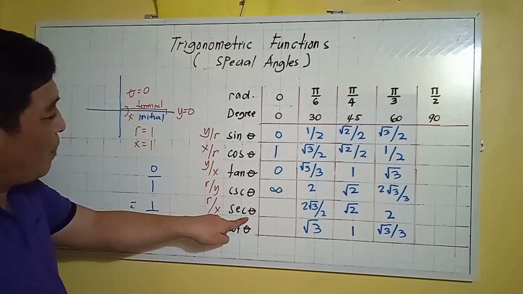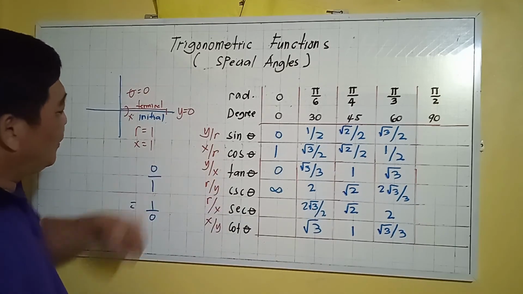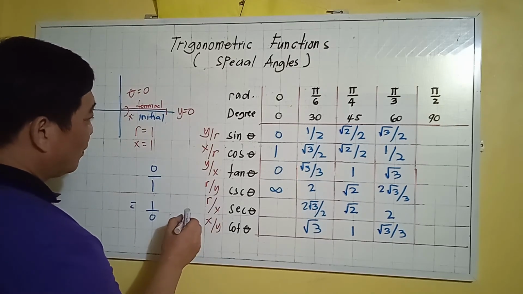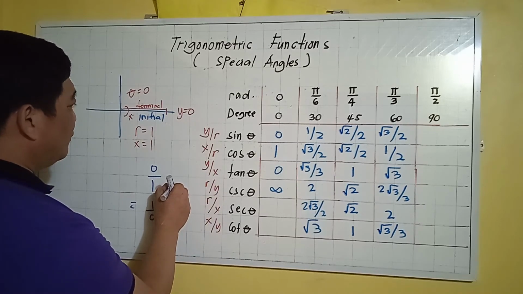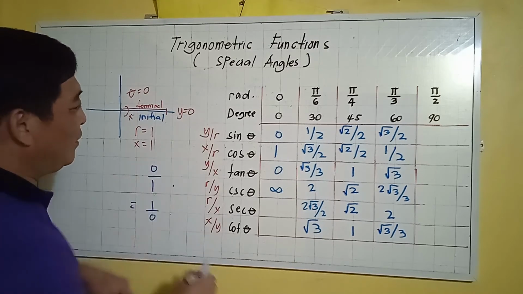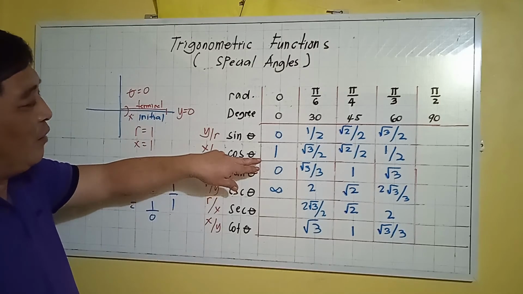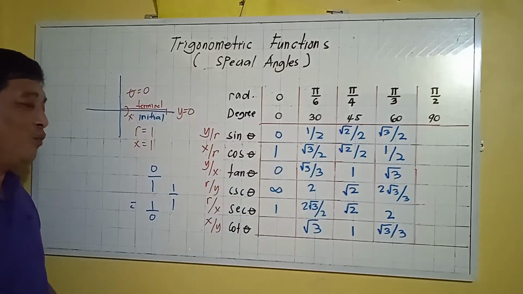Secant theta, the reciprocal of cosine theta, is r over x. We have 1 over 1, which is equal to 1.